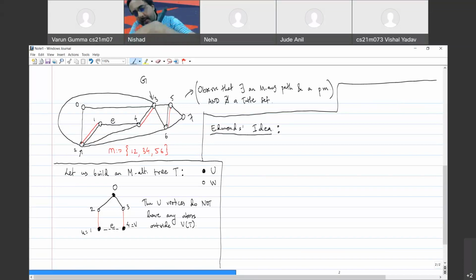So what he said is, observe that T plus E has a unique cycle, and let's say E is equal to UV, where U and V are both black colored vertices in your tree.